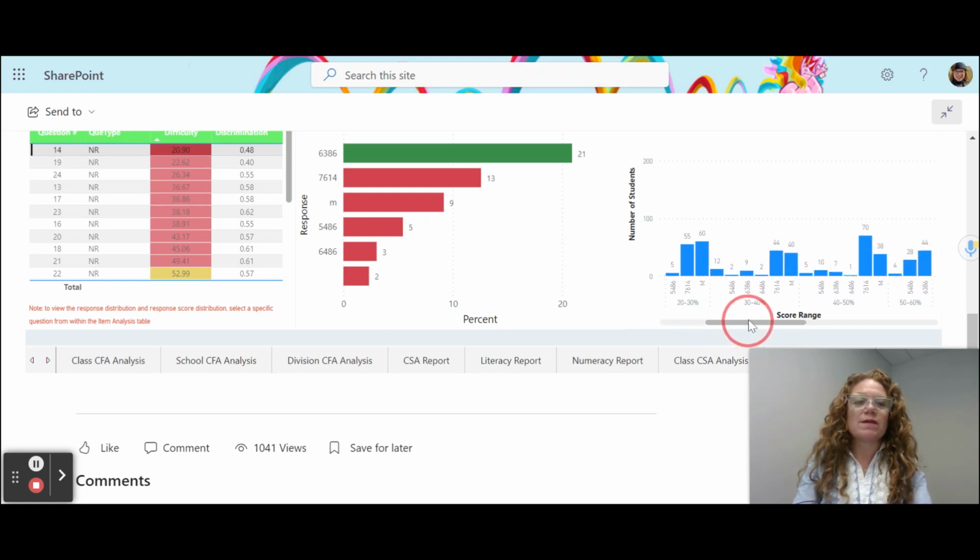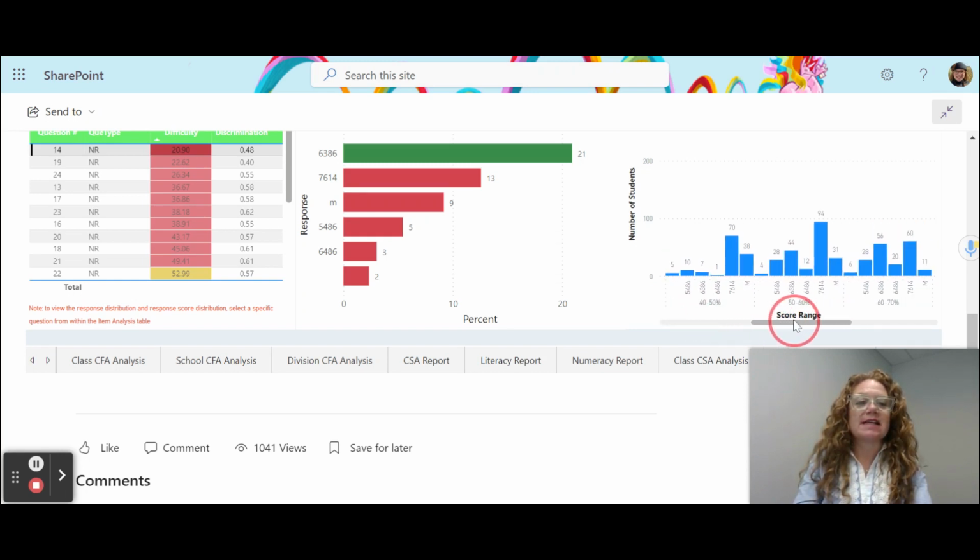Let's go to a score range with some different data. At our 50 to 60% score range, so students who received 50 to 60% on the overall assessment, I can see that 4 students had nothing. 28 students had 5,486. 44 students had the correct answer of 6,386. 12 students were so close, they had an answer of 6,486.